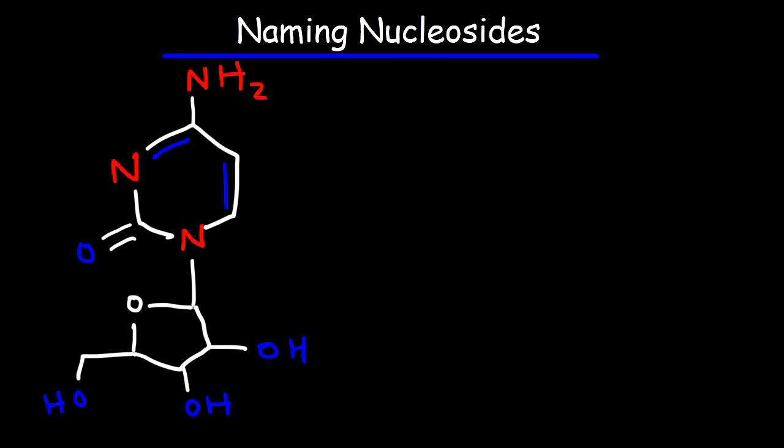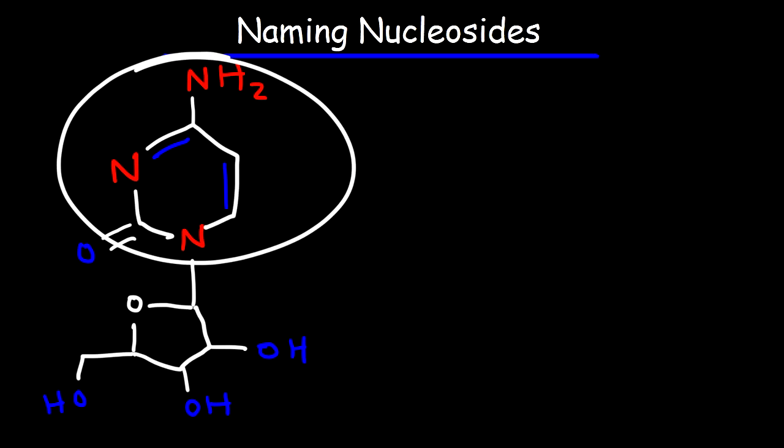Let's try another example. So how can we name this particular nucleoside? So first, let's start with the nitrogenous base. Now, we have a one-ring nitrogenous base, so that means it's a pyrimidine, and we have three options. It's either cytosine, thymine, or uracil.